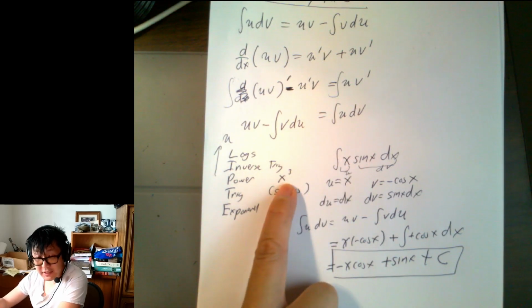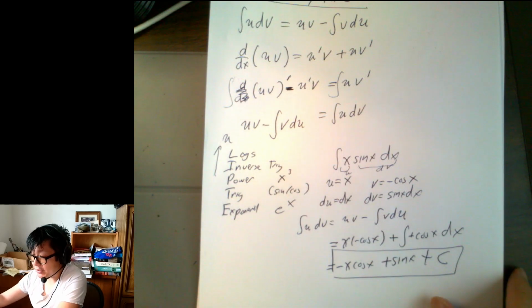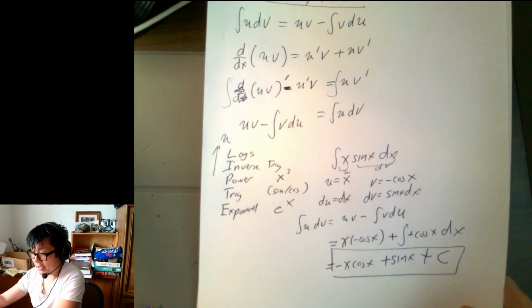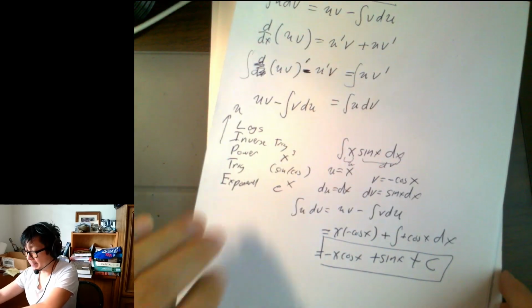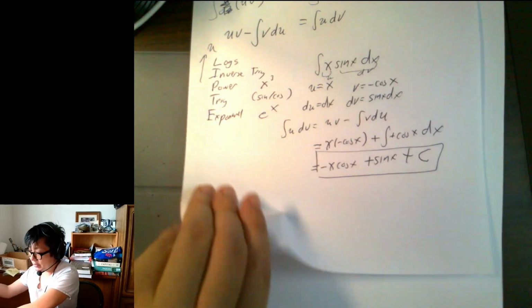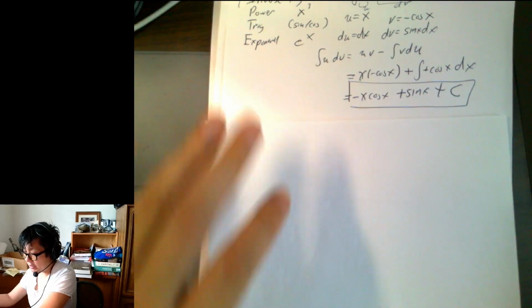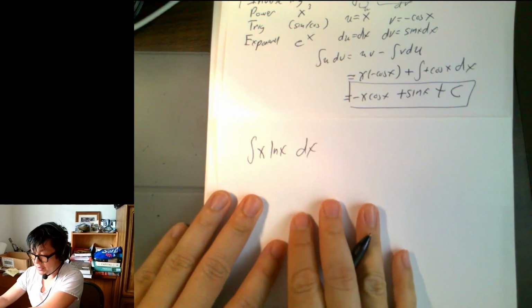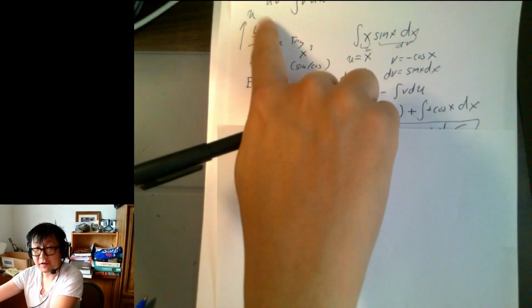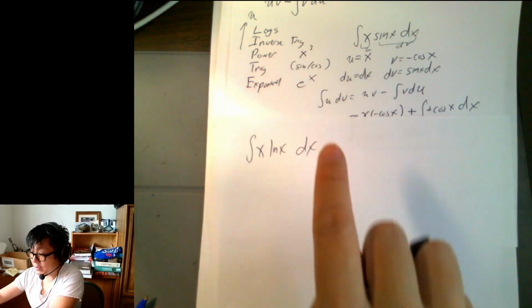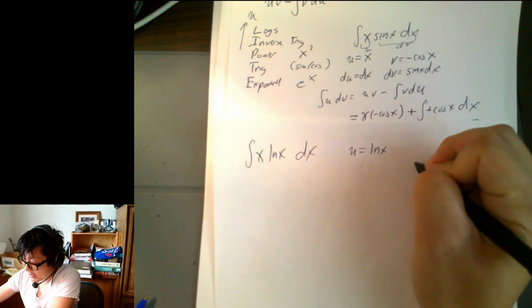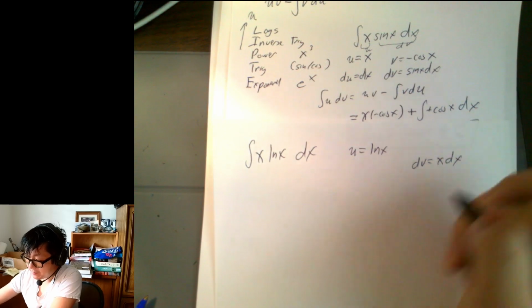It's not always going to be the case that a power function is going to be your u. It could be part of your dv. It all depends upon the relative ranking of the two functions multiplied. So for example, let's say I have the integral of x ln x. Well, logs are higher on the list than power functions. So in this case, u would be natural log of x, and dv would be x dx.